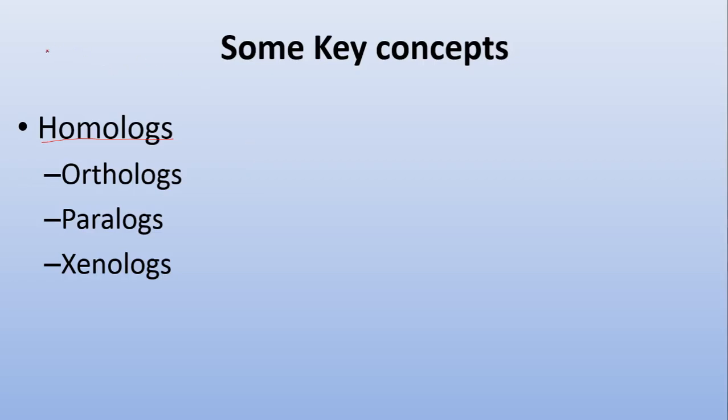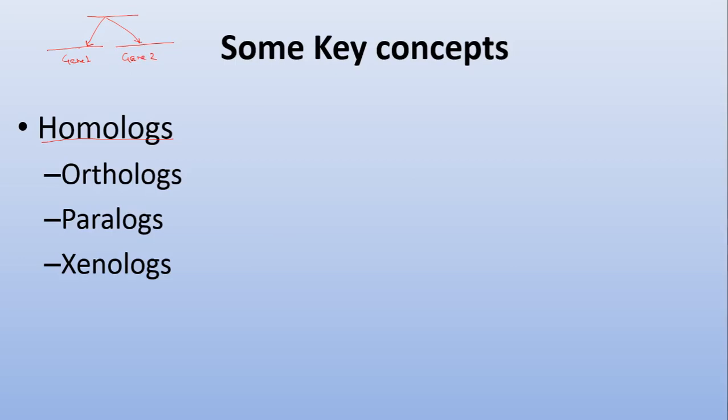Say, for example, we have gene 1 and another gene 2, and if gene 1 and gene 2 share a common ancestry, that is, they are derived from a common ancestor, then we say that gene 1 is homologous to gene 2.